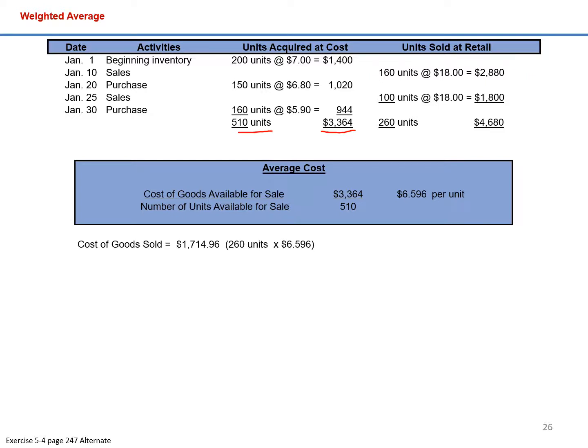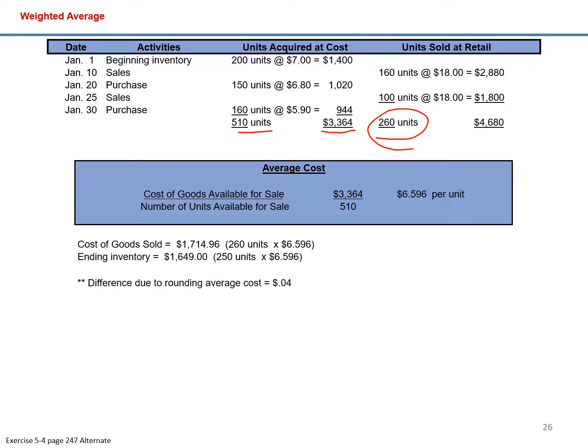So $6.596 times the 260 units that we've sold is cost of goods sold of $1,714.96. $6.596 times our ending inventory of 250 units, which is our 510 less our 260, gets us ending inventory of 1,649.